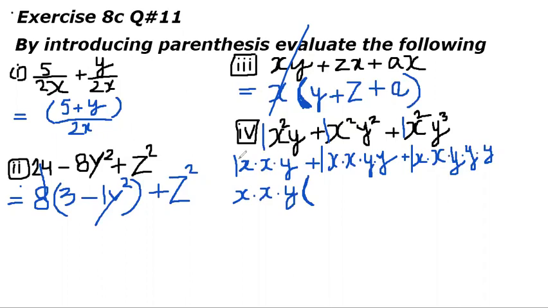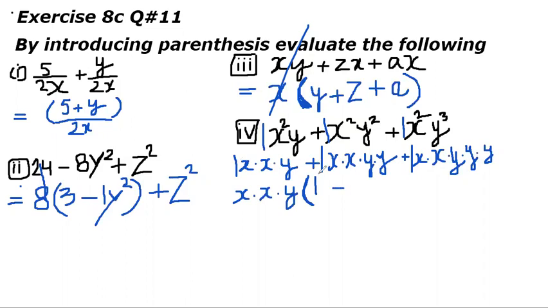In the first term, x square y, both the x's, first x, second x, and y are common. So these three variables will be written outside the parentheses and only 1 will be written inside the parentheses.